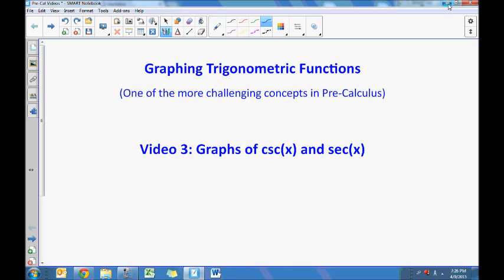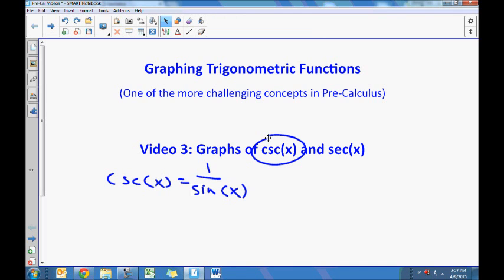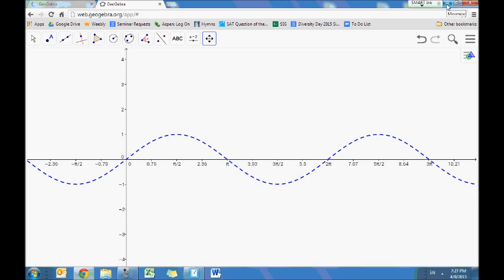Now, when I think about the cosecant of x, I think about the cosecant of x being equal to 1 over the sine of x. And I graph it with that same thinking of 1 divided by whatever the sine of x is, and that will create a new graph, which is the cosecant of x. So here I have graphed in blue, this blue dotted line is the graph of y equals the sine of x.